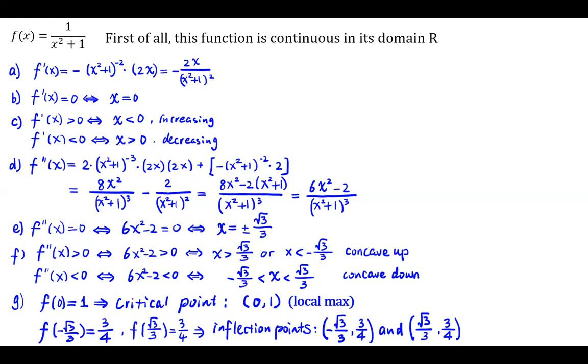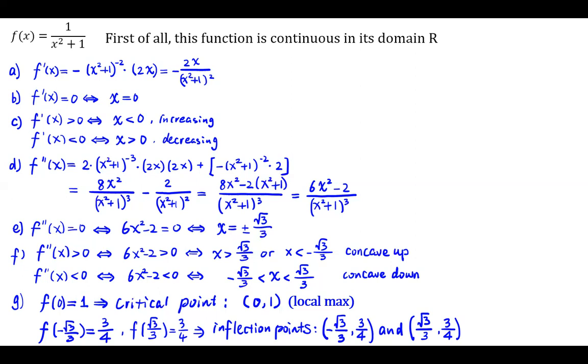If x is smaller than 0, the first derivative is greater than 0. Similarly, we can solve the inequality that the first derivative is less than 0, and the solution is x must be greater than 0, right? That means the increasing interval is from negative infinity to 0, and the decreasing interval is from 0 to positive infinity.